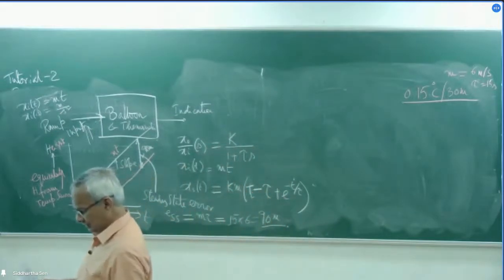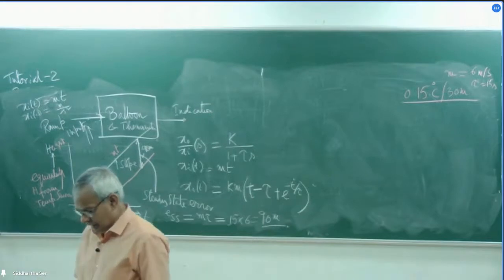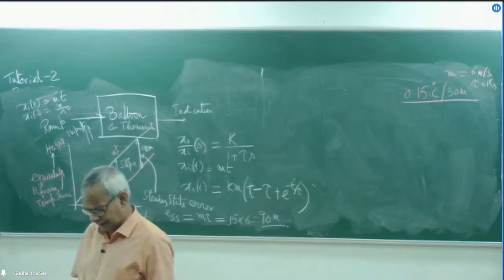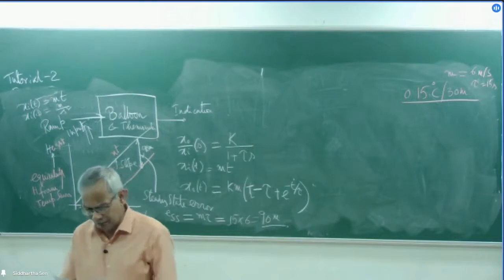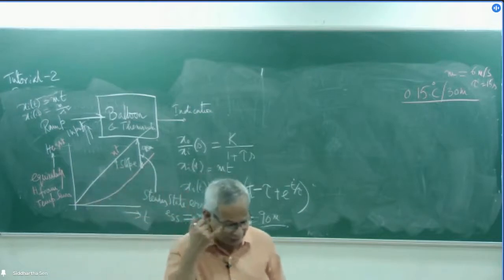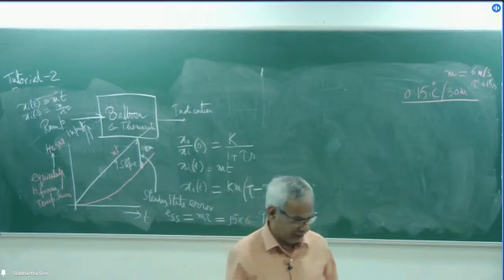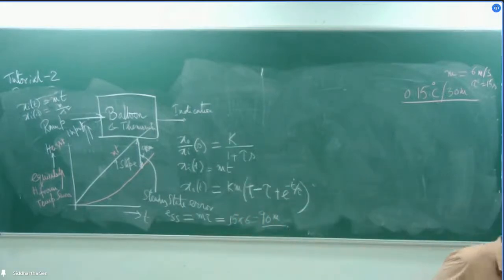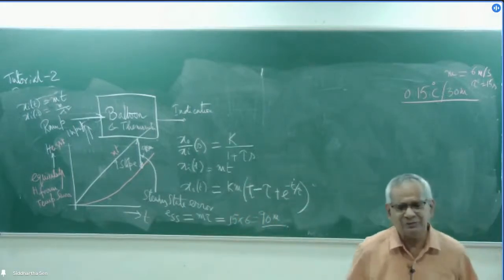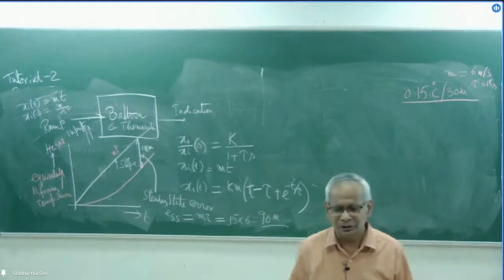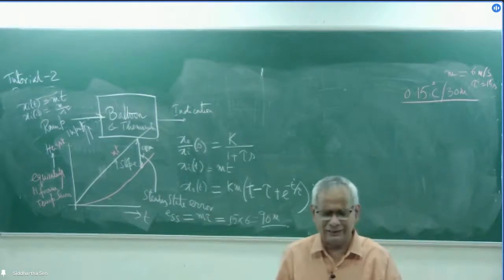Now the question is that a balloon radios temperature and altitude readings back to the ground. At 3000 meter, the balloon says the temperature is 0 degree Celsius. That means basically the balloon is already lagging behind.